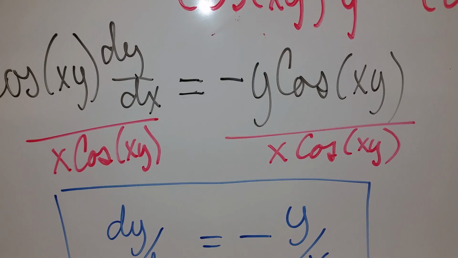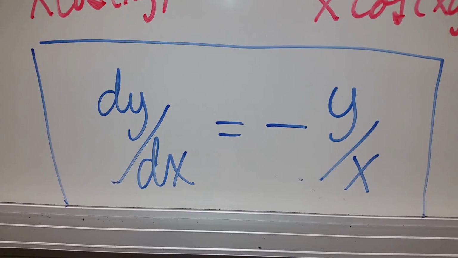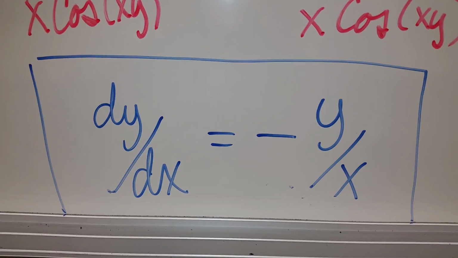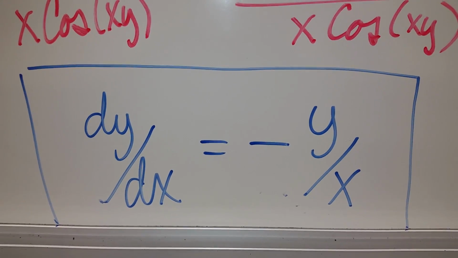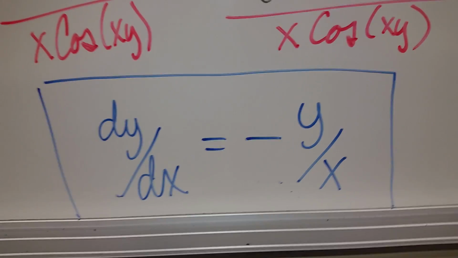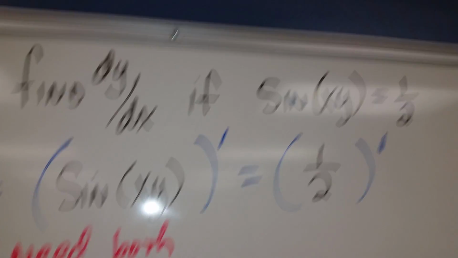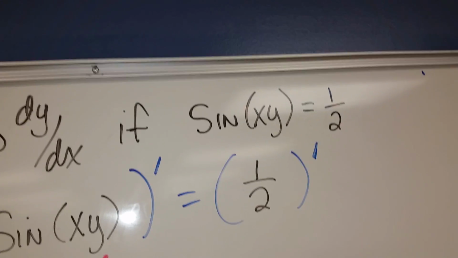Our cosine of xy is going to end up canceling out, and we're left with the derivative of y with respect to x is just negative y over x. So that's a surprisingly basic derivative given the ugliness of our original function.